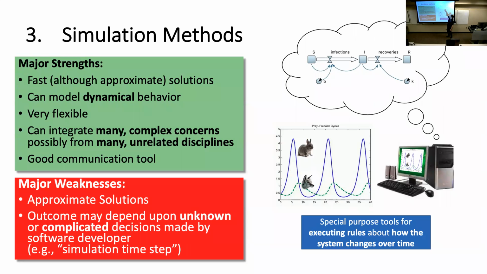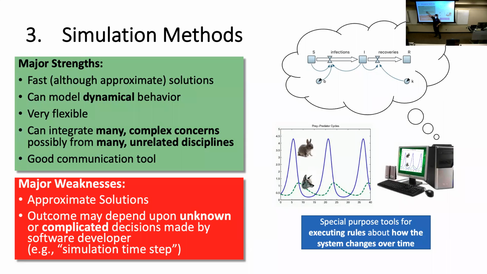If you simulate it, it can generate graphs like the numerical model. But what's cool about it is that if you need to make some changes, like to add other compartments or make it so that the recovereds can then become susceptible again, it's very easy to make these changes. And so it's still approximate solutions, like in the case of numerical models, but you don't have to be explicit about the numbers.